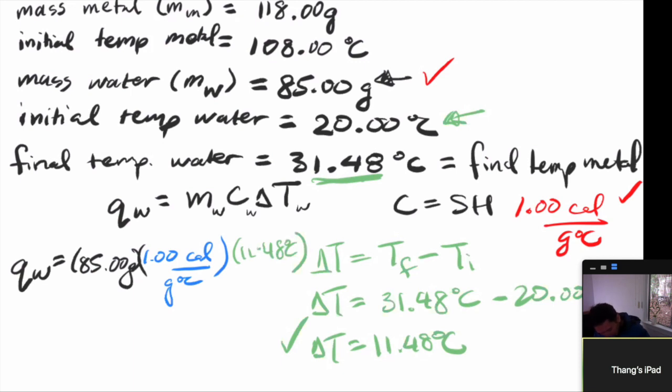Okay. Let's check our unit analysis here. Grams goes away, degrees Celsius goes away, leaving us only calories at the end.